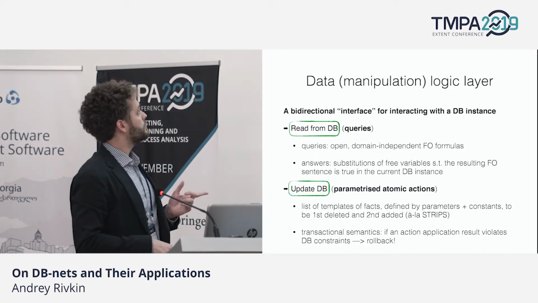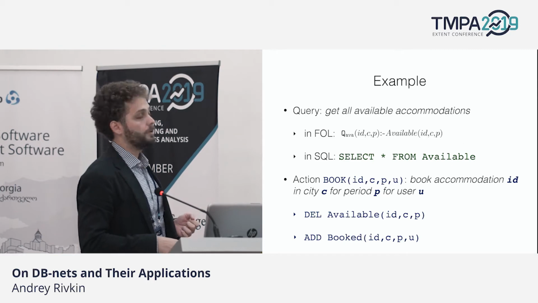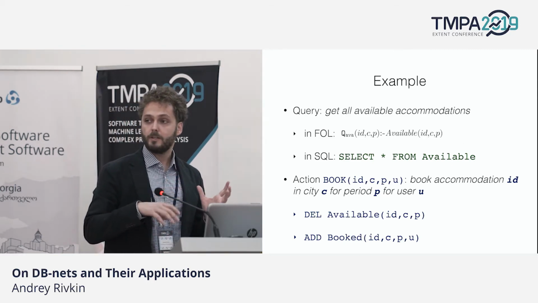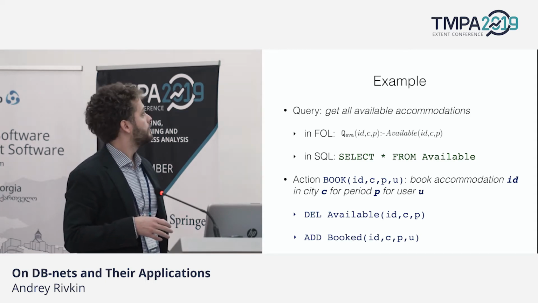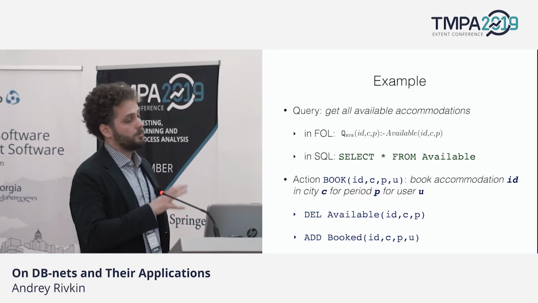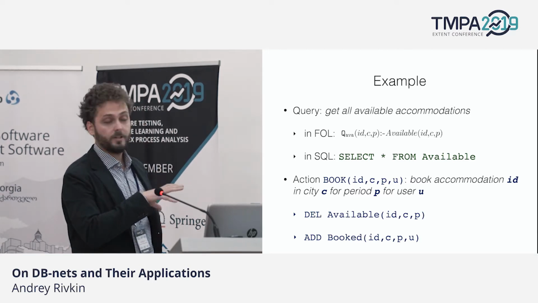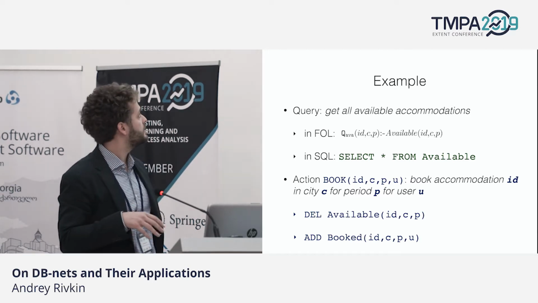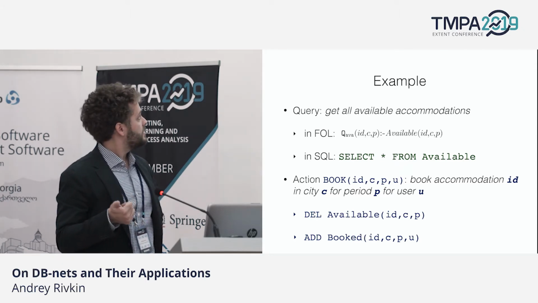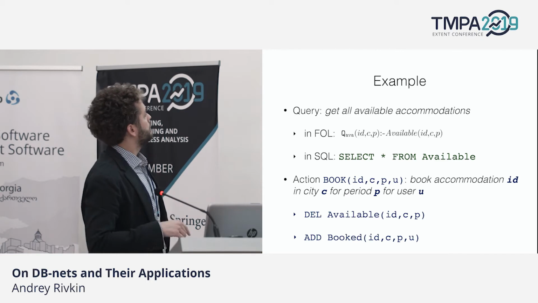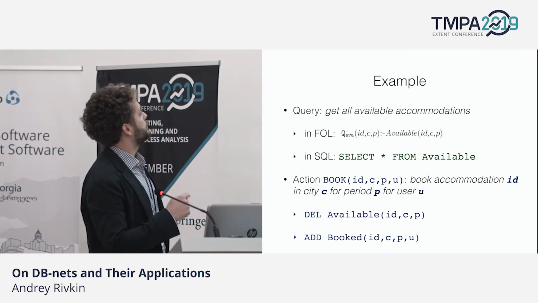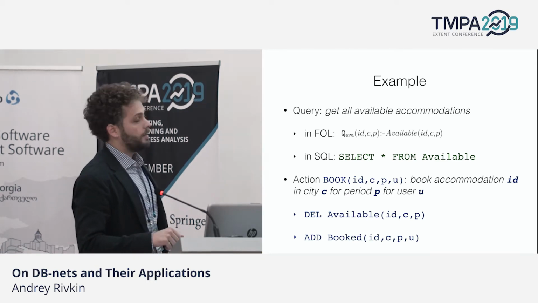One is a query: a simple query to extract all available accommodations. And an action, a parameterized action that has four formal parameters: book. This is the action that allows us to book accommodation with identifier ID in city C for period P for user U, okay? And what does it do?